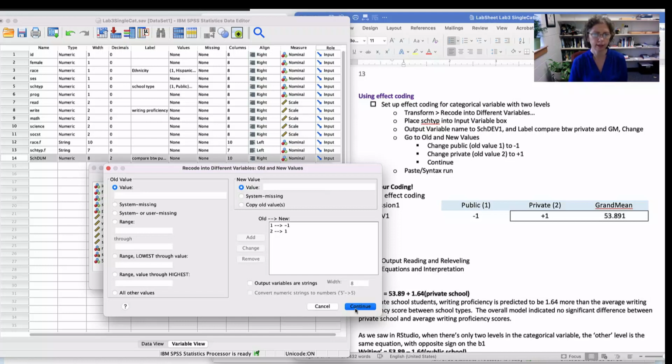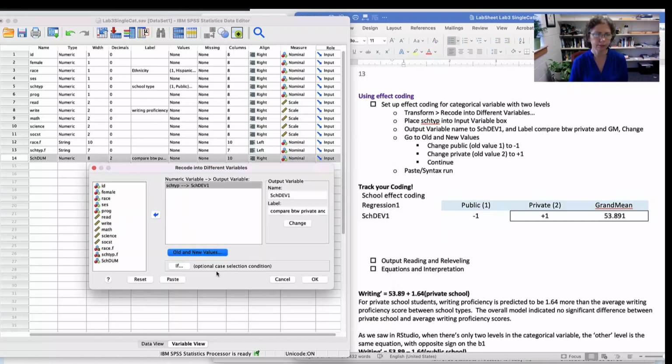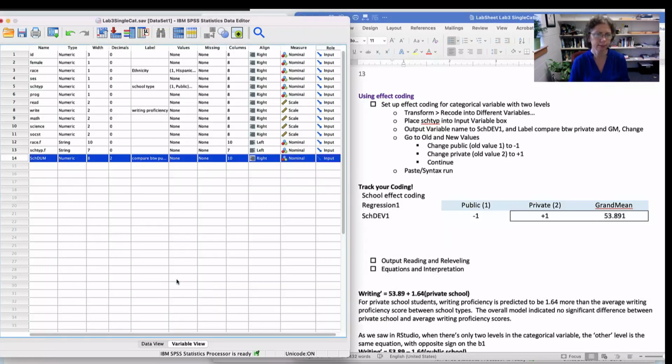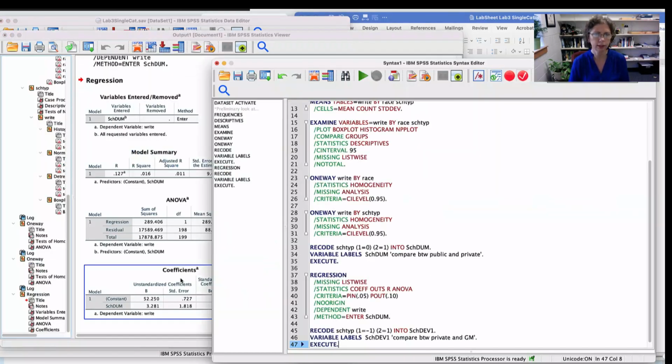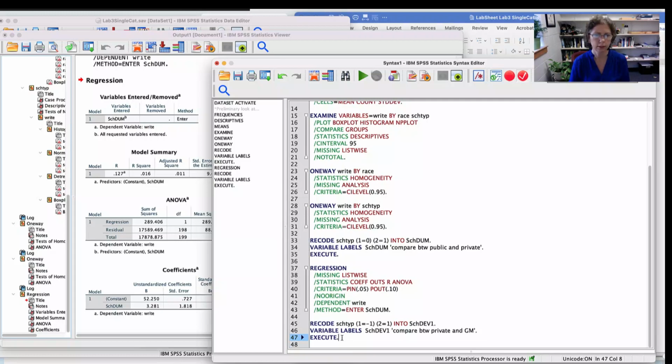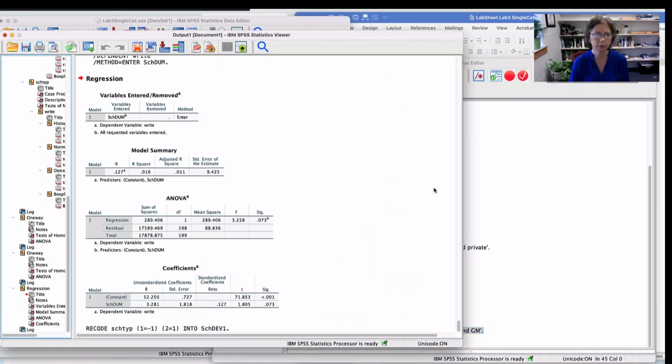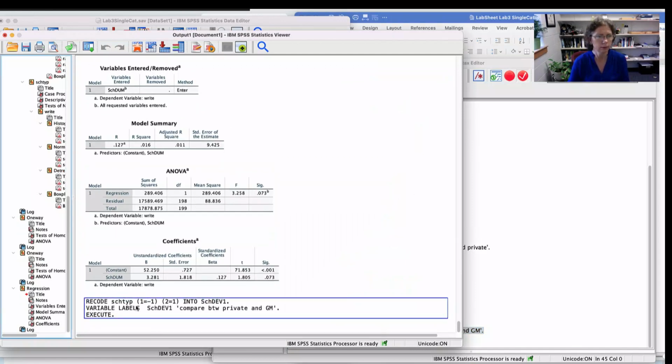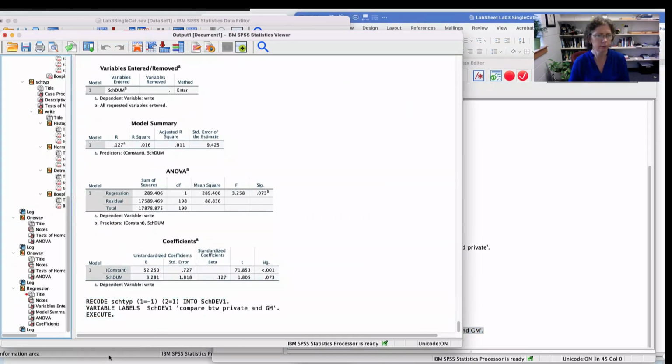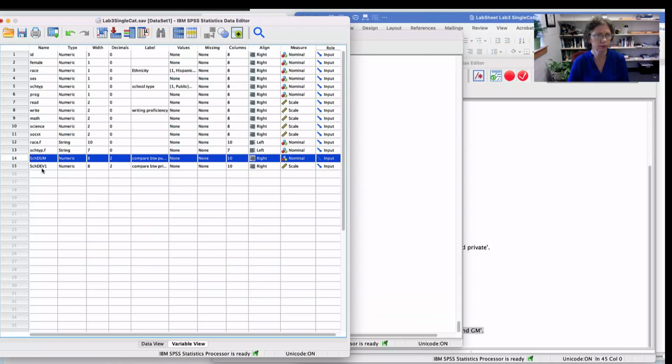So once you have that, you hit continue and paste. Going over to our syntax and grabbing that to run. So I have the new variable called schooldev1, and it's the comparison of private with grand mean.